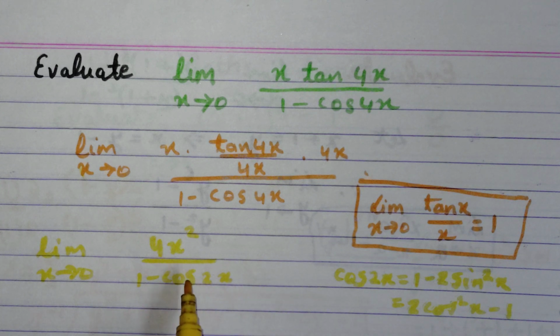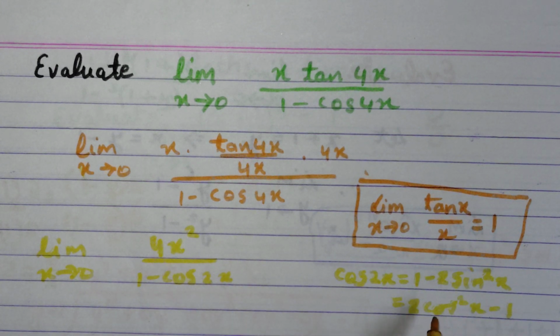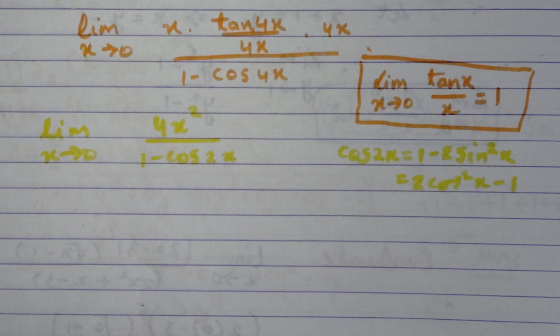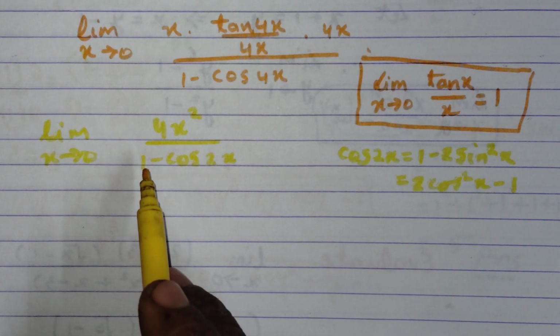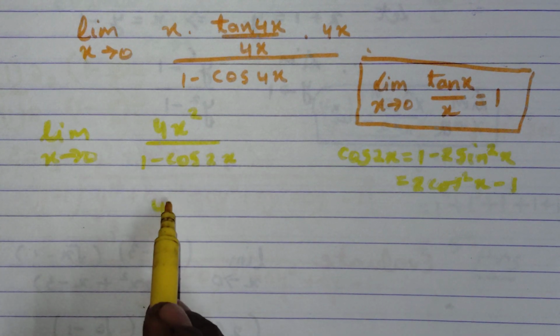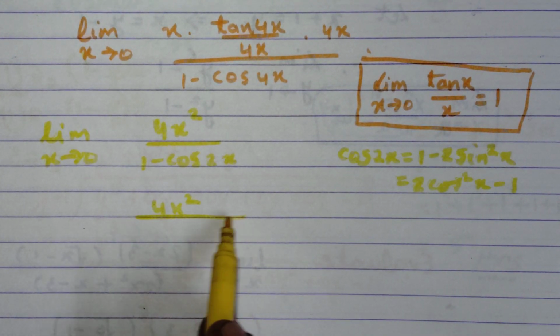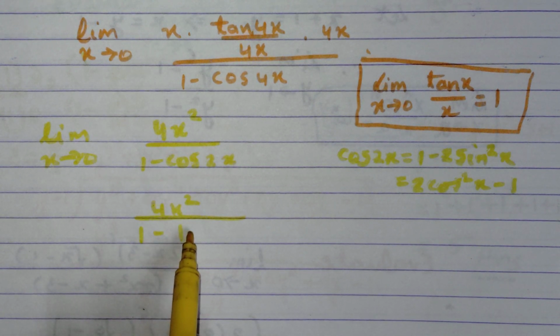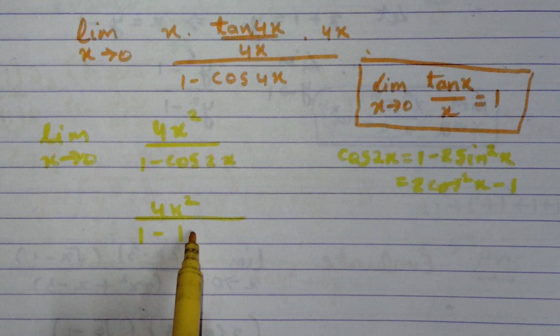So cos 2x we can replace by the first identity, 1 minus 2 sin square x, because when I replace it, this 1 and this 1 will cancel out. How? Look in the solution.